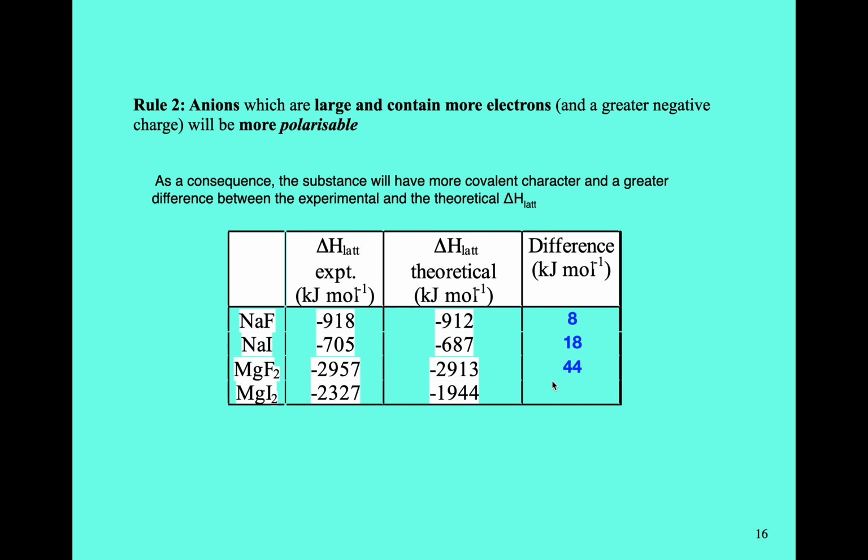But if we look at the covalent character of magnesium iodide, there's a massive difference. This has got a significant covalent character, because the magnesium with its large polarizing power and the iodide with its polarizability causes a significant degree of covalent character. So the difference is much bigger.